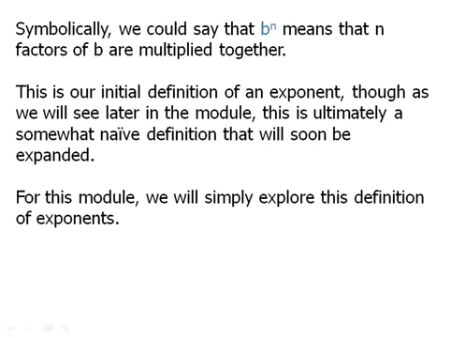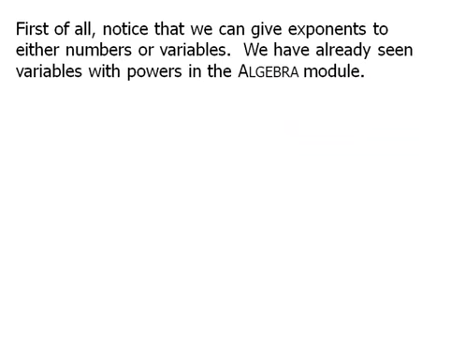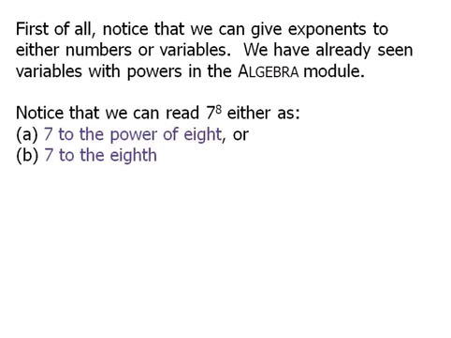so we can stick with this very intuitive definition of what an exponent is. First of all, notice that we can give exponents to either numbers or variables. We have already seen variables with powers in the algebra module, especially in the videos on quadratics where you have x squared. Notice that we can read an expression like 7 to the 8th either as 7 to the power of 8 or 7 to the 8th.